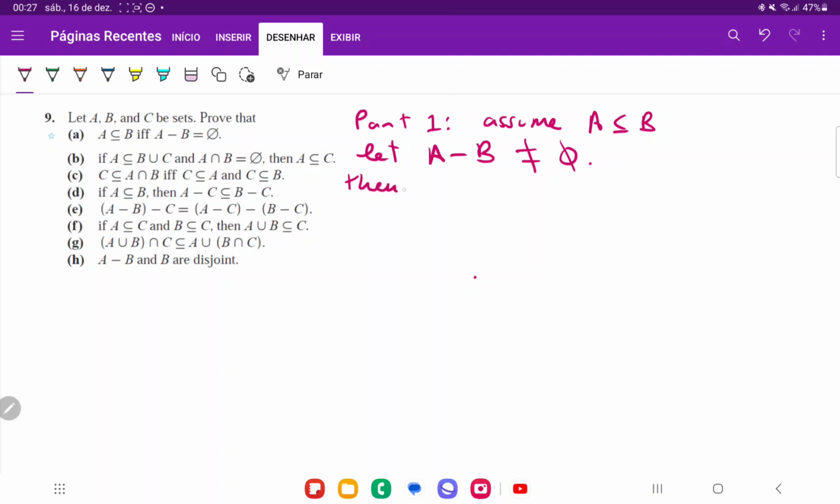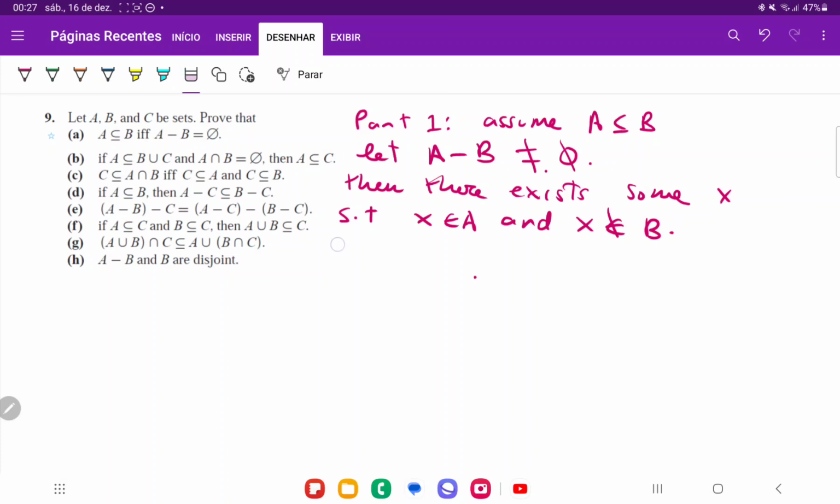Then there exists some x such that x belongs to A and x does not belong to B. But A is a subset of B. So if x belongs to A, x has to belong to B because A is inside B, right? So x belongs to B, which is a contradiction.